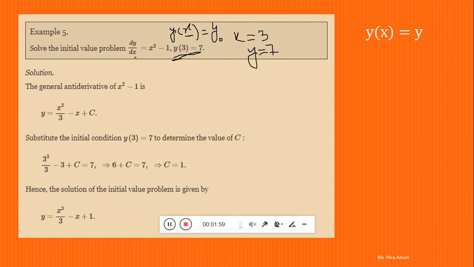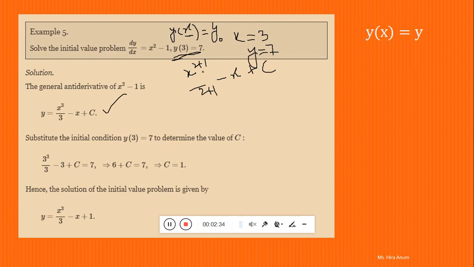You have the function here, which is the derivative dy over dx equals x squared minus 1. Taking integration on this, it becomes x squared plus 1 over 2 plus 1, which equals x cubed over 3 minus x, since the integration of the constant is x, plus c. This is the integration of this function.